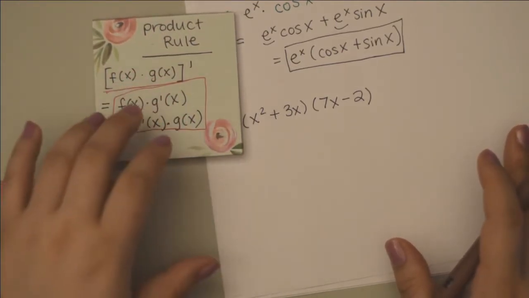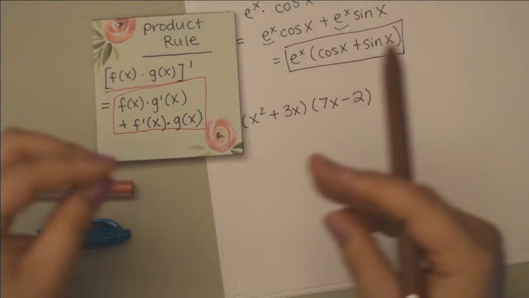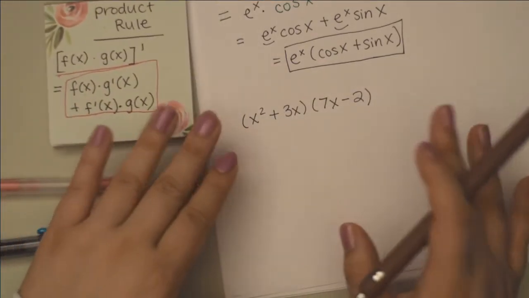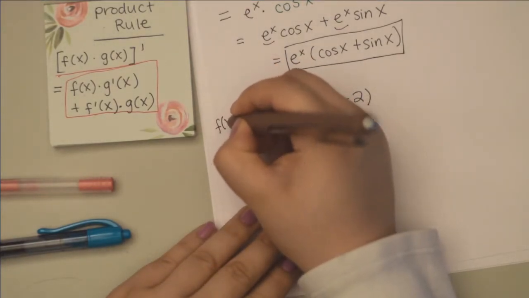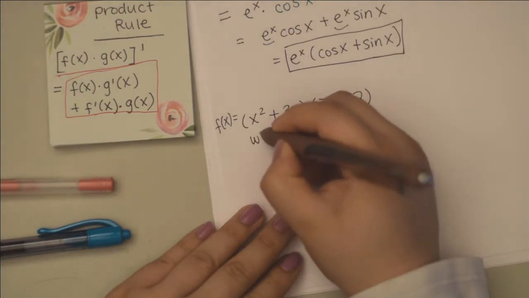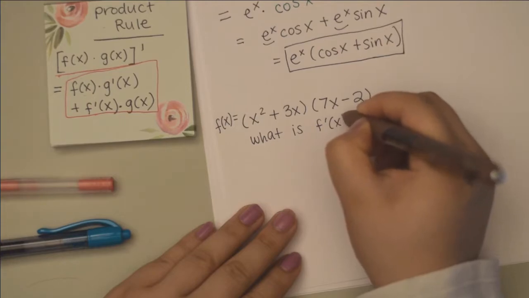It might not be written exactly with those letters. So try to generalize this as a concept. For instance, I might say f of x equals this. What is f prime of x?